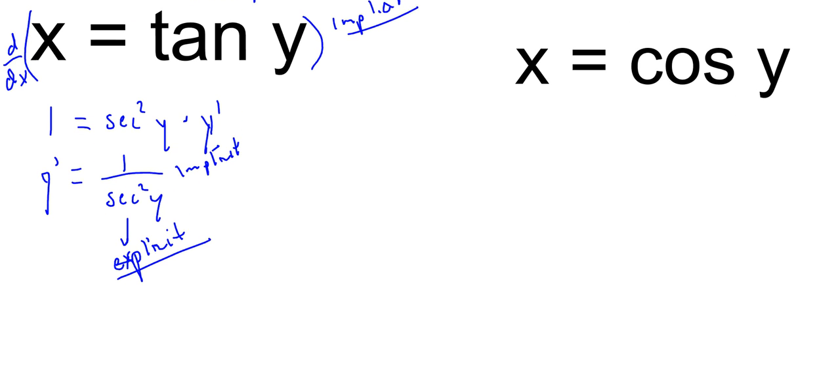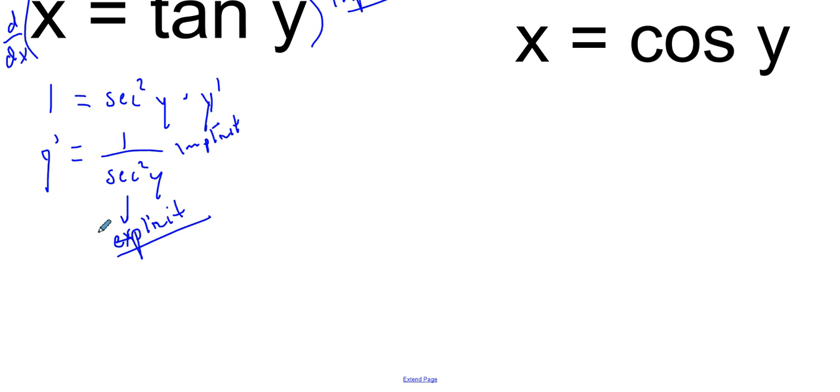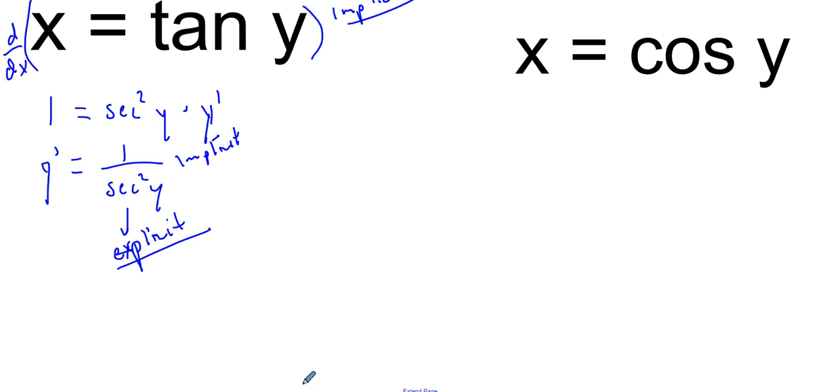So right here, we have to think, okay, how can we change secant squared of y? Well, we're going to use a little bit of identities. If you recall your identities, we know that 1 plus tangent squared of y equals secant squared of y.